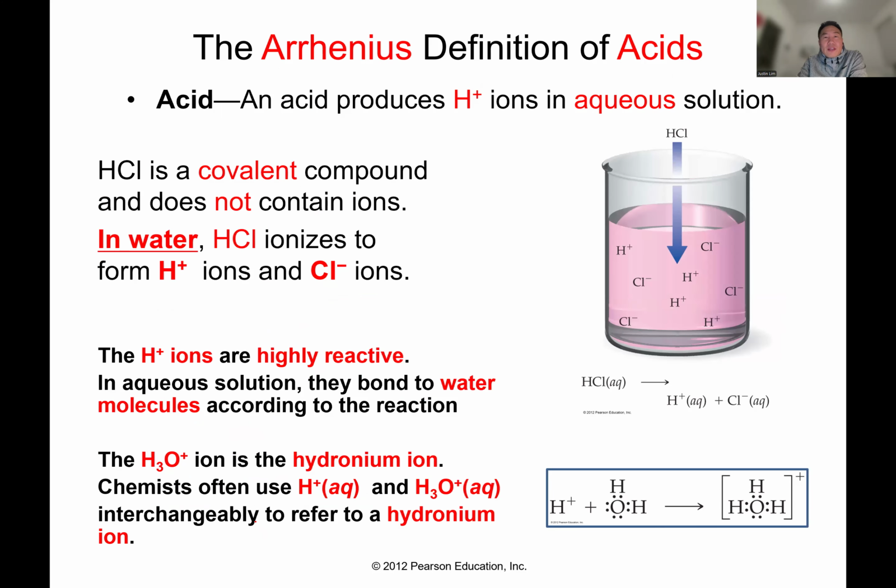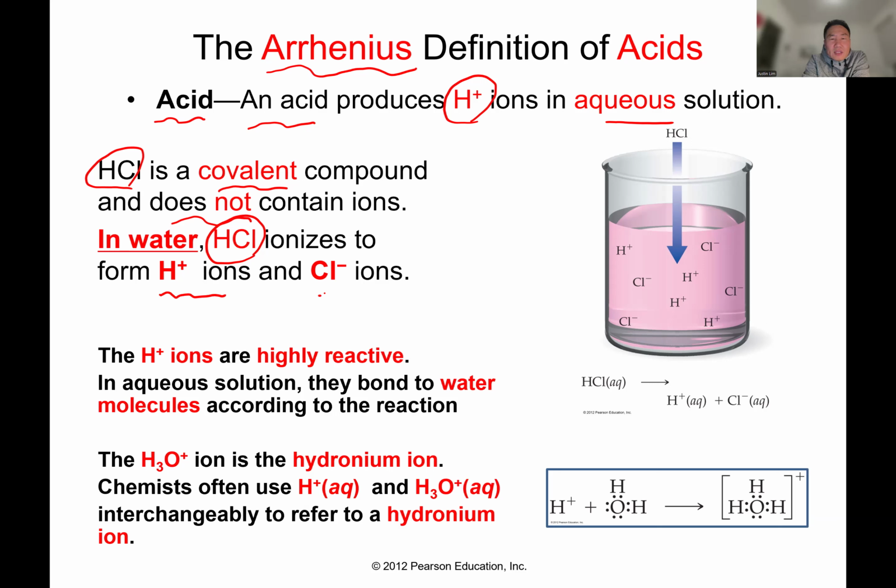First, we need to know the definition of Arrhenius acid. An Arrhenius acid produces hydrogen ions in aqueous solution. So HCl is a covalent compound and does not contain ions. In water, HCl ionizes to form hydrogen ions and chloride ions.